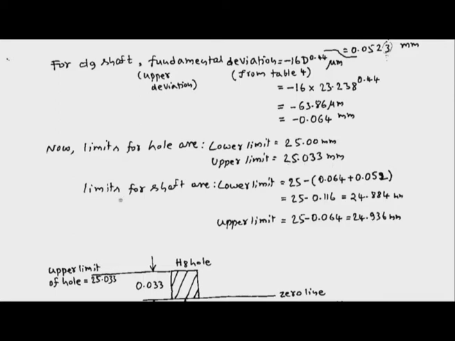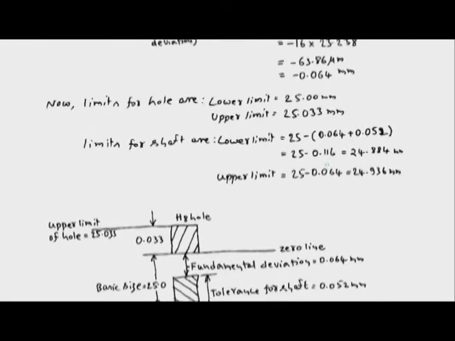Similarly, we can find limits for shaft. Upper limit is 25 millimeter, that is the basic size. From this we have to deduct the fundamental deviation as well as the tolerance value, then we get the lower limit for the shaft, 24.884 millimeter.